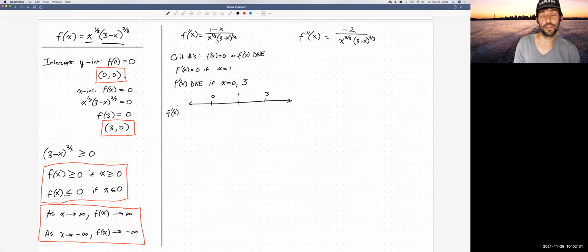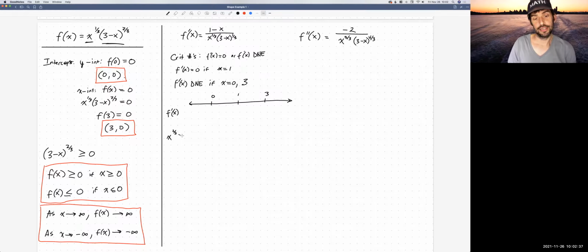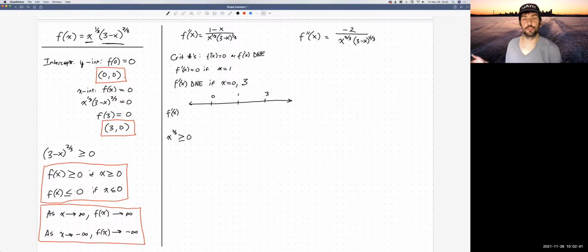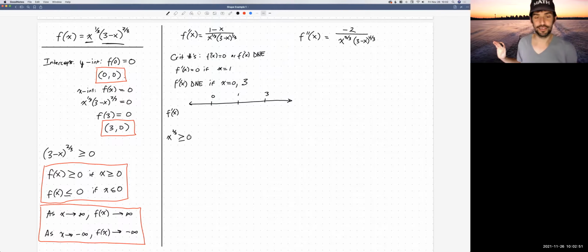What do we know? Well, let's look at our function. X to the 2/3 is always greater than or equal to 0, same reason we talked about before, we're squaring something. So we don't even have to think about what happens to that x, because it's always positive. So whether this thing is negative or positive depends on these other two factors, 1 minus x and 3 minus x.